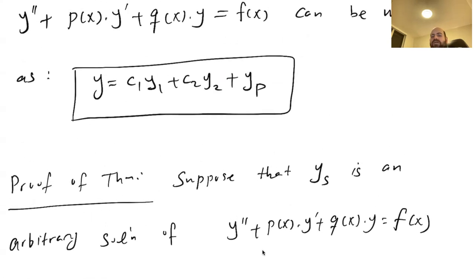So I'm considering an arbitrary solution. And then my goal is to show that this ys here can be written as c1 y1 plus c2 y2 plus yp for some c1 and c2. Because I want to show that any solution can be written of this form. So I need to show that ys can be written in this form.